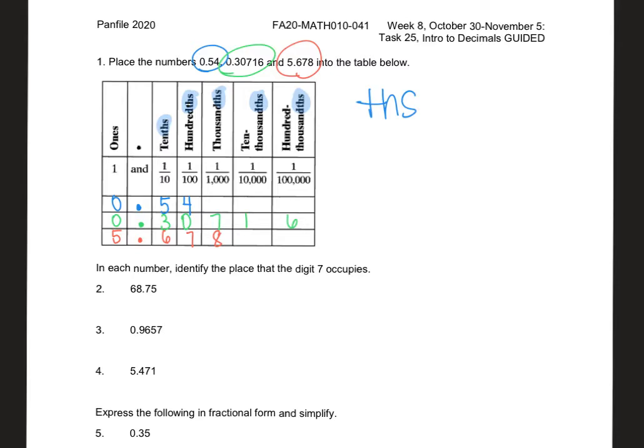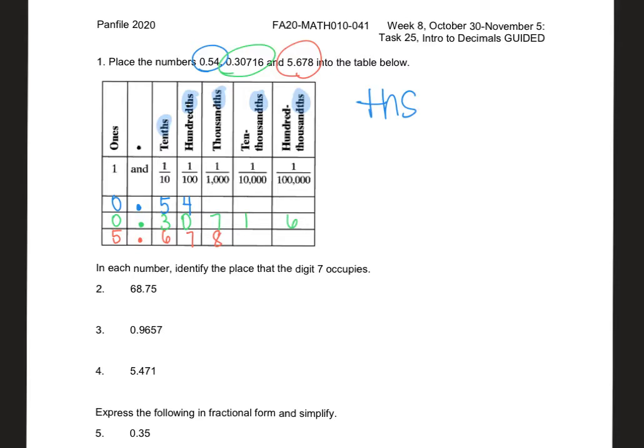In that middle one, the green one, we have 3 tenths, no hundredths, 7 thousandths, 1 ten-thousandth, and 6 hundred-thousandths. In the third one, I picked this example specifically because when we read this, it's 5 and 678 thousandths. When you read the problem as a whole, you're only going to read that last place.